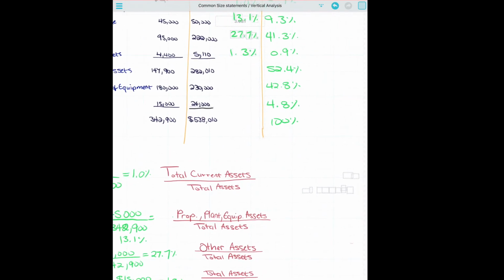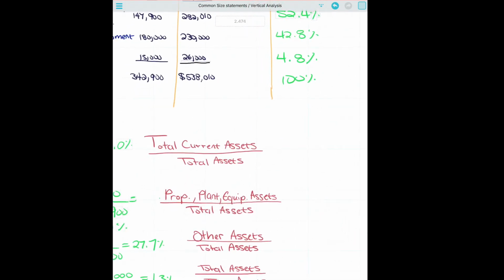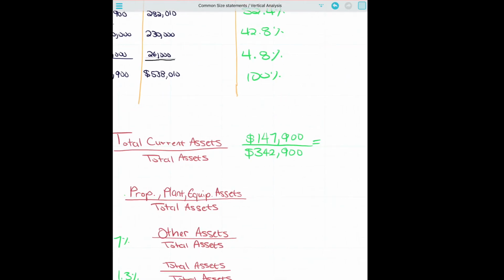Okay, total current assets divided by total assets. Total current assets, that is 147,900 divided by 342,900 equals 43.1%.